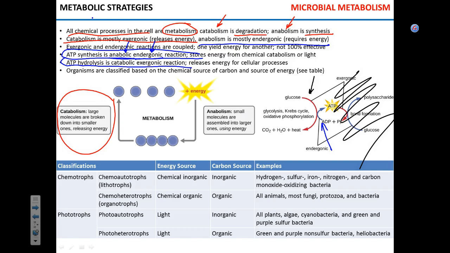Does that make sense? So I don't think that anyone here is going to argue that all living organisms, and even non-living like viruses, they need energy. But we're going to be focusing on living ones. But in order to replicate and grow, living organisms not only need energy, they also need building blocks.